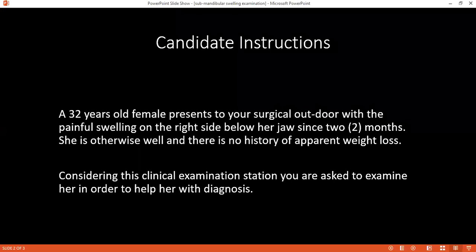Are you sure? No, ma'am, I'm not sure. It's conservative management. You give analgesia, oral antibiotics, and hydration. It's not an abscess, it's an infection in the duct, so with conservative management, it gets better.